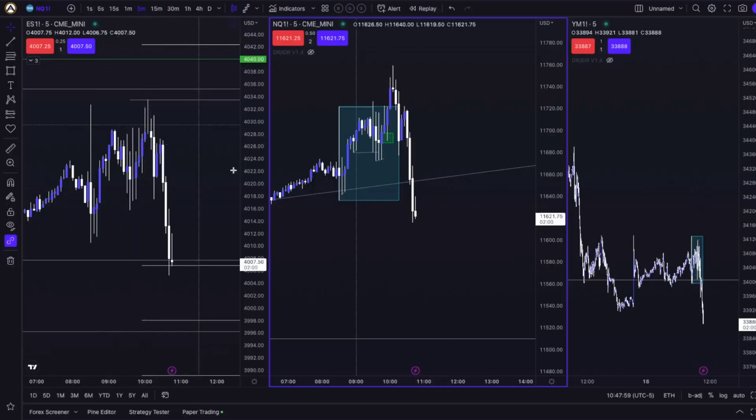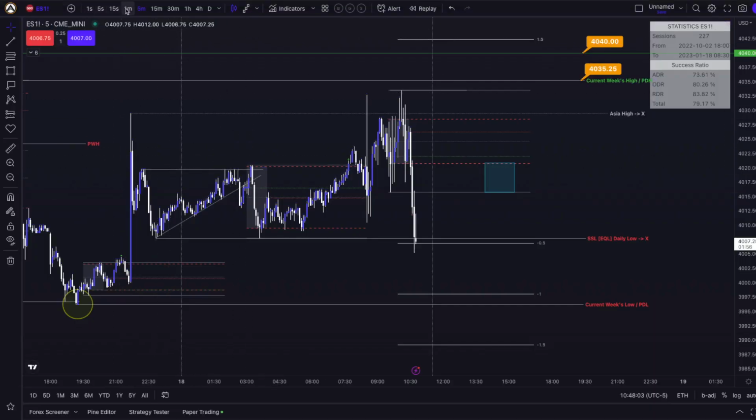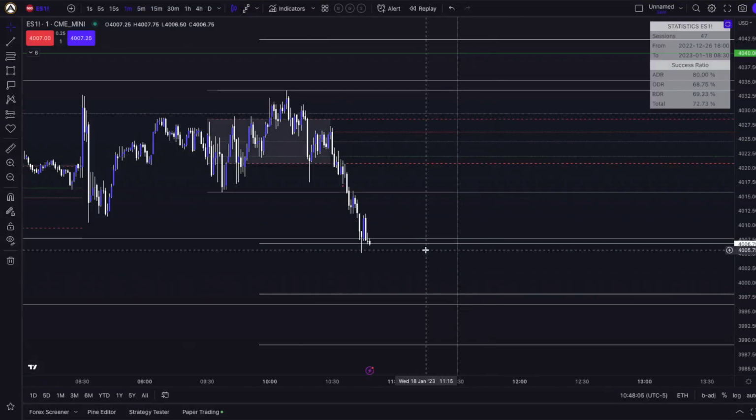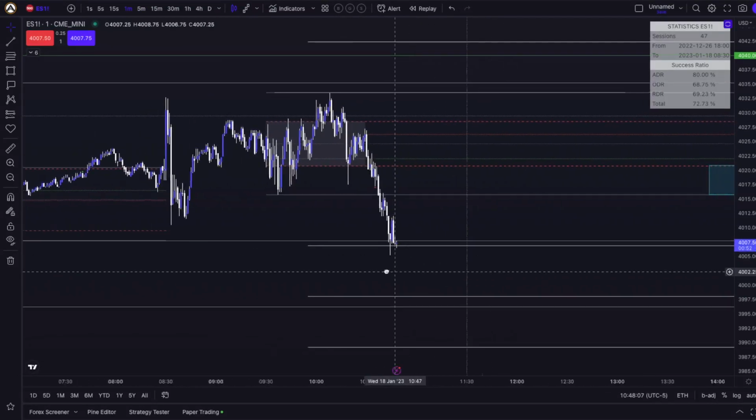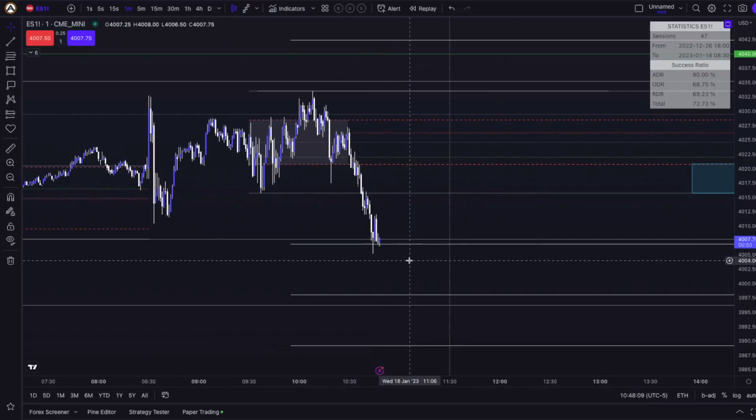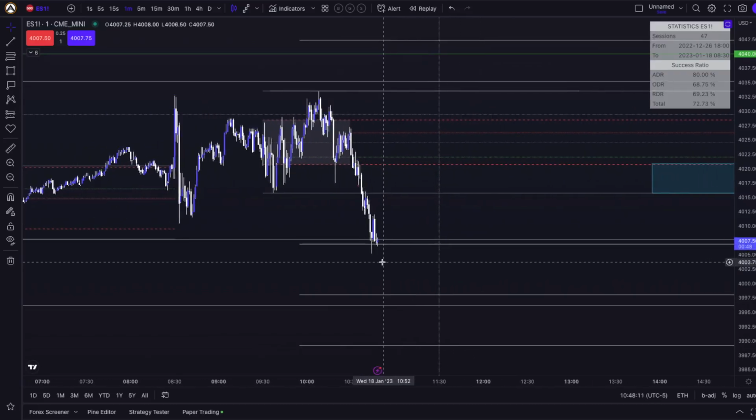So we could be maybe looking at a market maker buy model from ICT for a potential reversal on a 1 minute time frame. But yeah, I don't know. I'm not sure about it. I would just stay away.